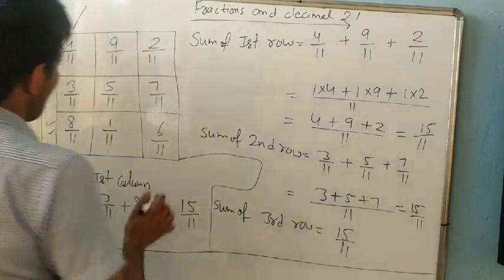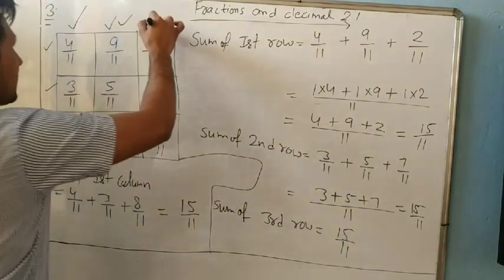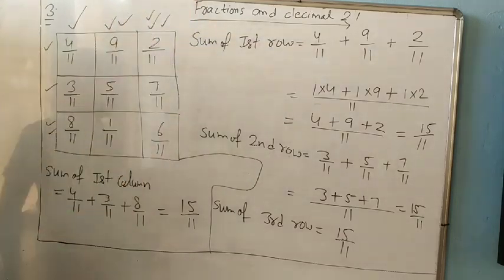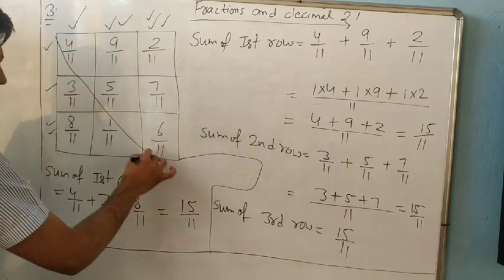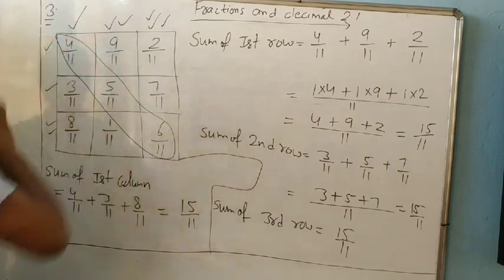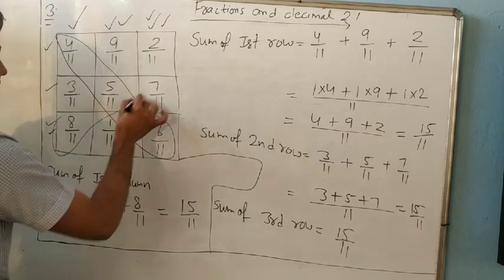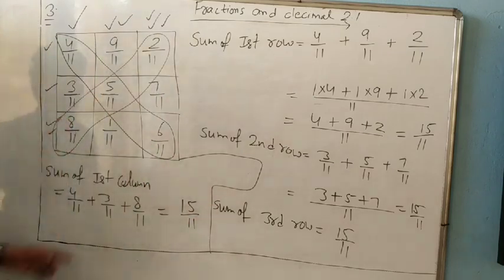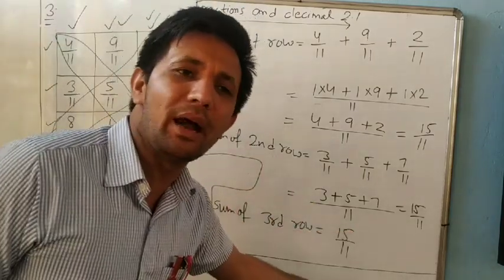Same as it is, we will find the sum of the second column and the sum of the third column. Okay? And after this, we will find the sum of the diagonals. It is a diagonal. It is a diagonal. So you will find the sum of the first diagonal, and the same for the second diagonal, and you will check it. The sum of each diagonal also comes to 15 by 11.